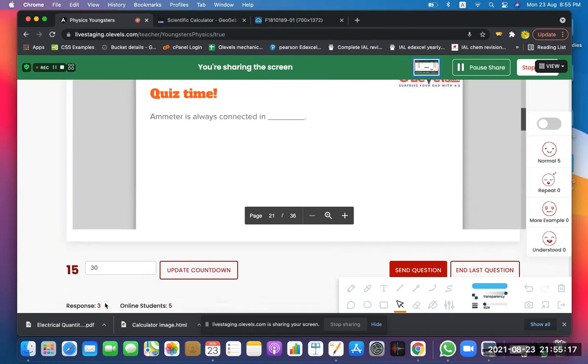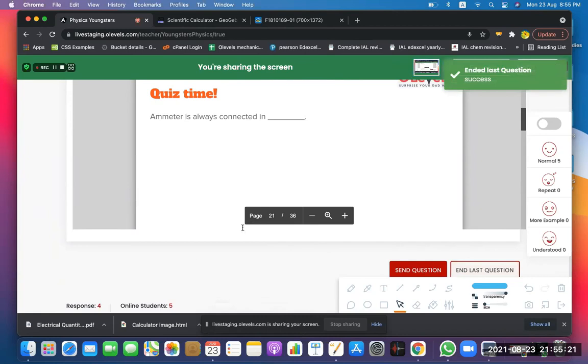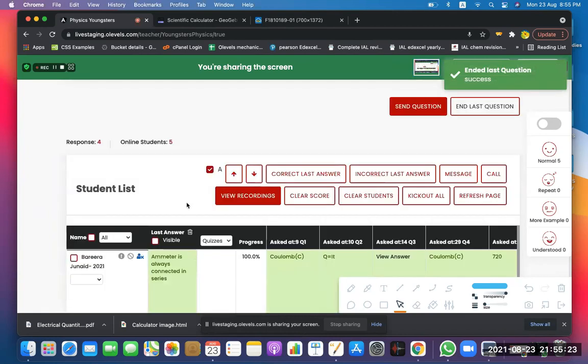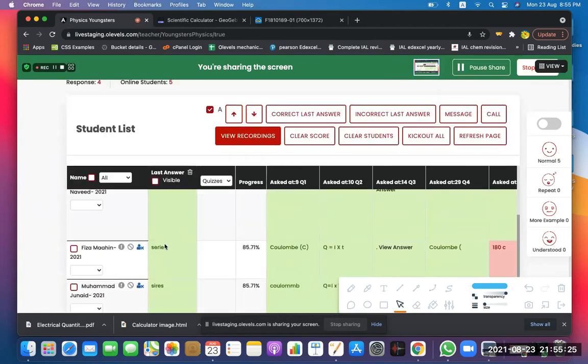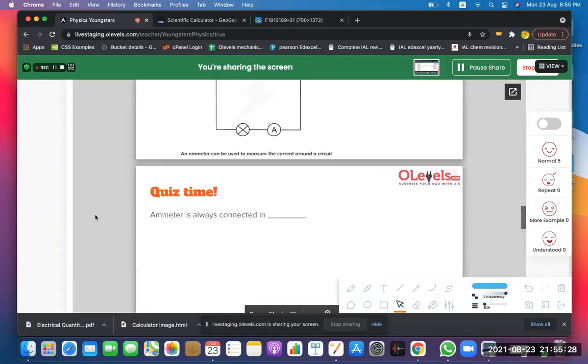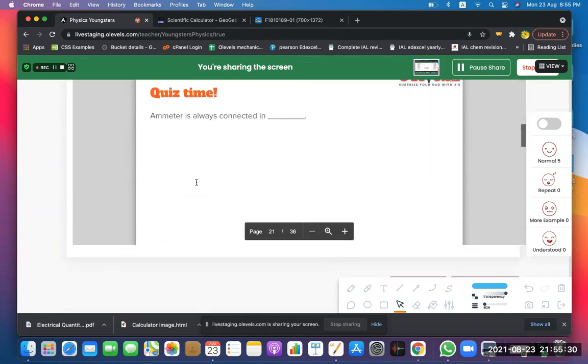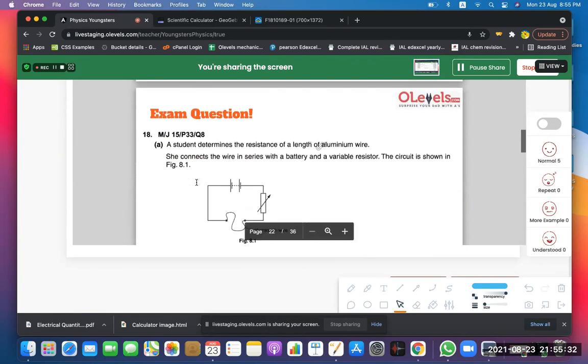Simple, small question. Quickly answer, everyone. I'm just waiting for one more answer. Very good, everyone. I'm ending the question now. Ammeter is always connected in series. Very good, everyone. Now let's scroll down to the next part.